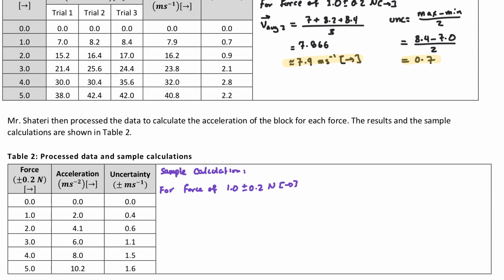The information that I have here is the initial velocity, so that's given to me from the initial question or experimental setup. The time that I used was 4.0 plus or minus 0.4 seconds. The velocity that I measured was equal to, I'm going to use the average one here, that's 7.9.